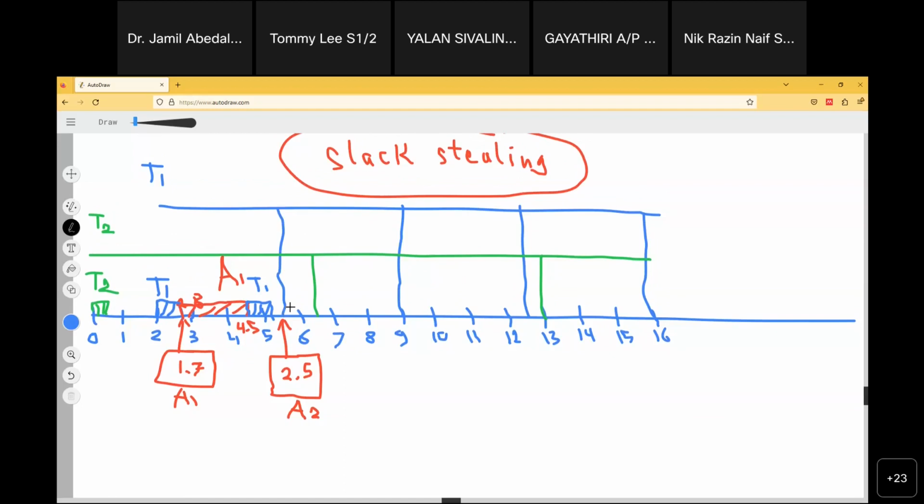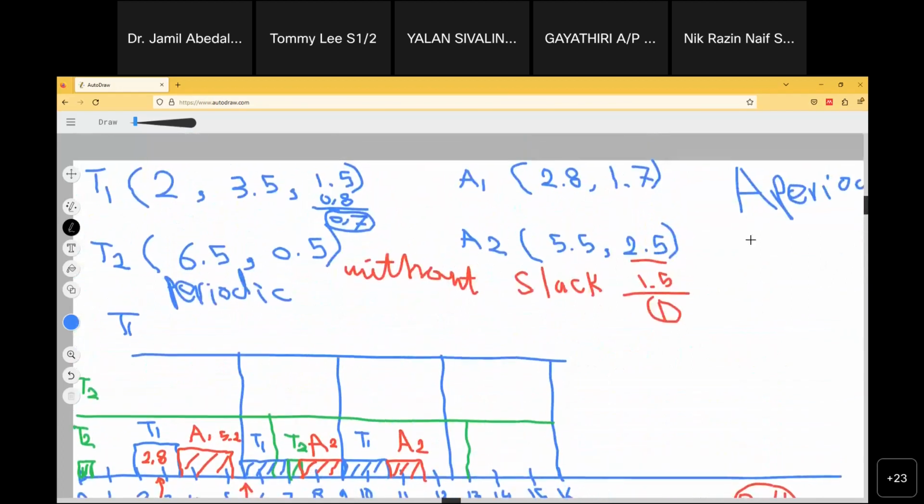As you see, task 1 is a periodic. At 5.5, we can execute 2 tasks, which are task 1, new interval, and A2, released at 5.5.